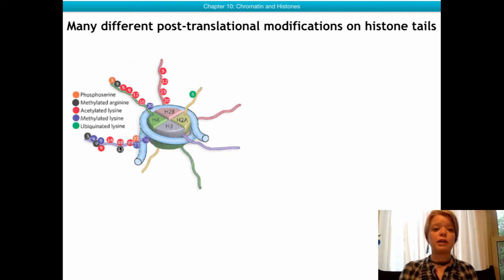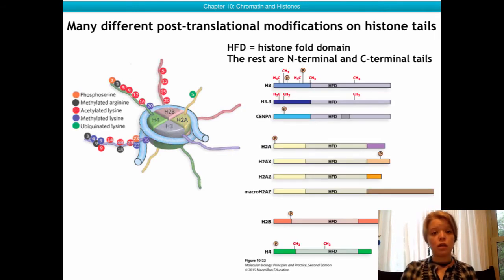However, pretending that there is an actual code that will make sure that every single methylation does this thing and every single acetylation does that thing, that's not true, and there's still a lot of research being done on the subject. So let's look at them in a little bit more detail. You can see here all kinds of histone tails, and it's usually the N-terminal tail, though some histones have a C-terminal tail as well.